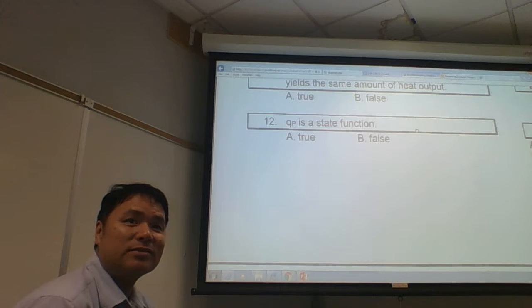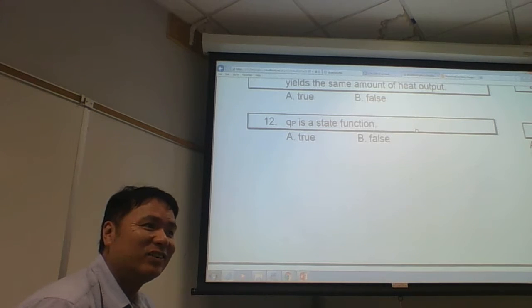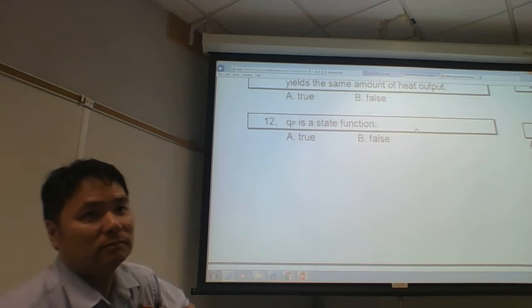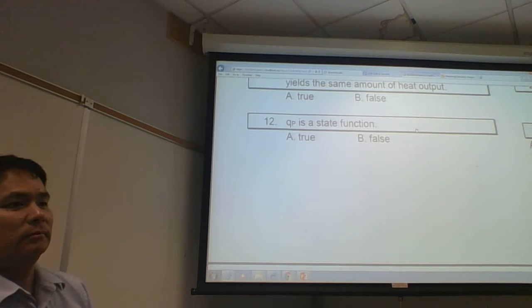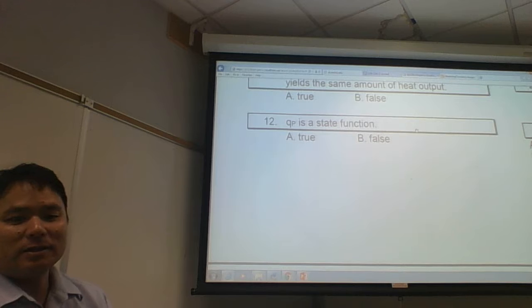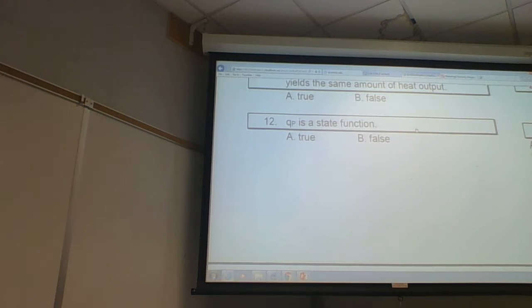You don't have the definition of delta H memorized by now? What is the definition of delta H? Change of enthalpy. Well, what is enthalpy then? A lot of people will tell me mathematically what it is. Yeah, delta U. Is that the definition of delta H?